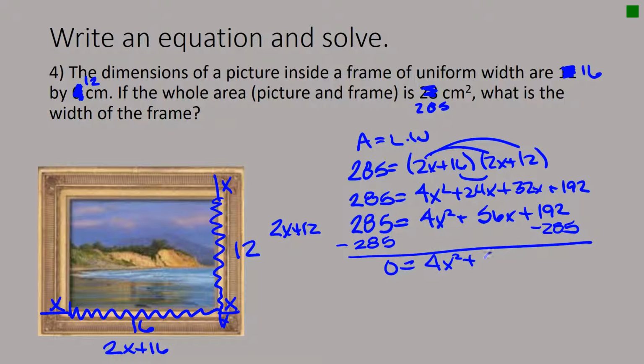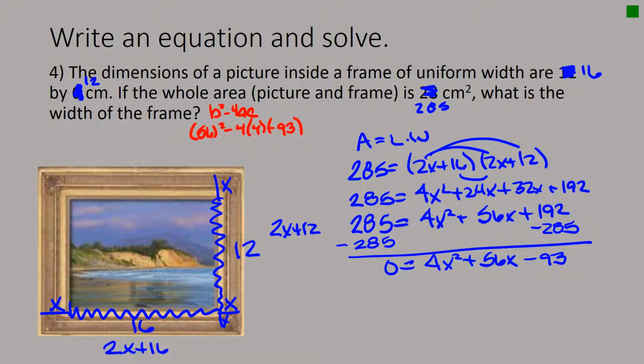So 4x squared plus 56x, let's see what 192 minus 285 is, minus 93. We are going to do the quadratic formula, so I need b squared minus 4ac. So that's 56 squared minus 4 times 4 times negative 93.